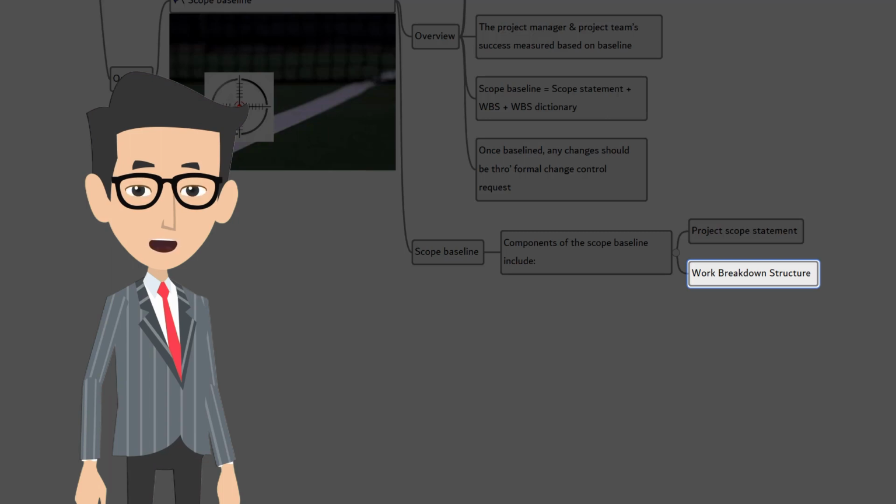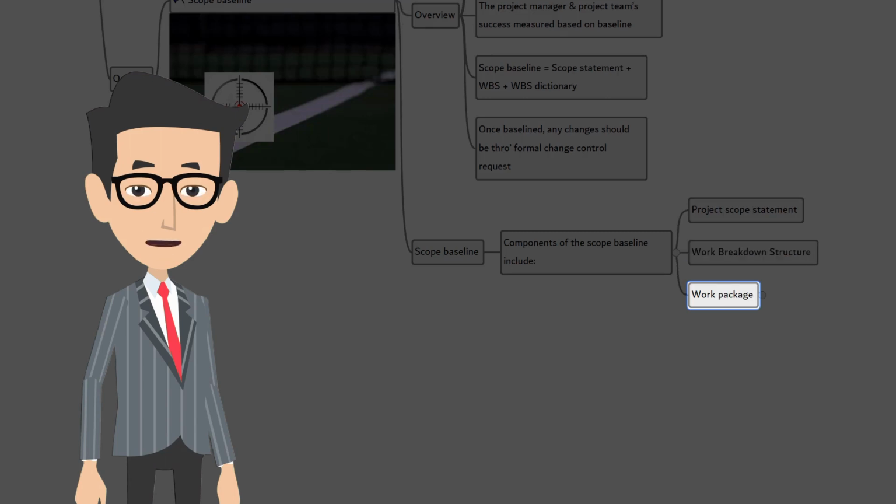Each descending level of WBS represents an increasingly detailed definition of the project work package. The lowest level of WBS is a work package with a unique identifier. These identifiers provide a structure for hierarchical summation of cost, schedule, and resource information and form a code of accounts. Each work package is part of a control account.